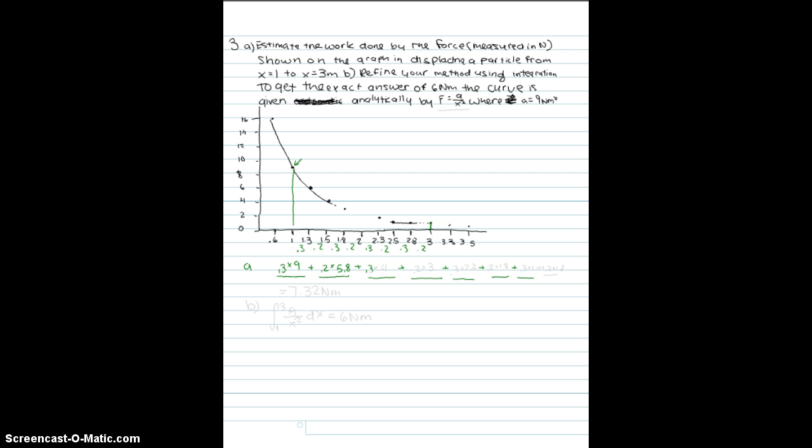Next one is 0.3 the width times height of 4, 0.2 times height of 3, 0.3 times the height of 2.2, 0.2 times height of 1.8, 0.3 times the height of 1.4, and 0.2 times the height of 1.1. Using our mathematical skills, we'll get a total of 7.32 Newton meters.